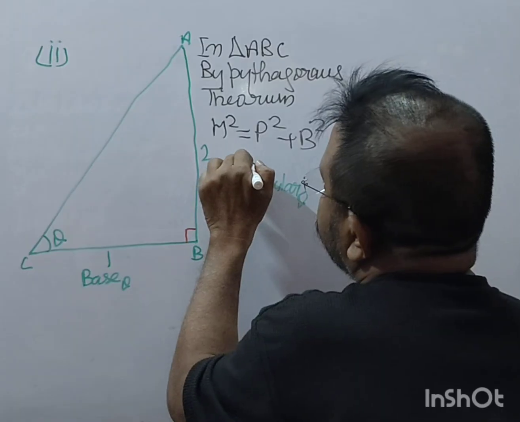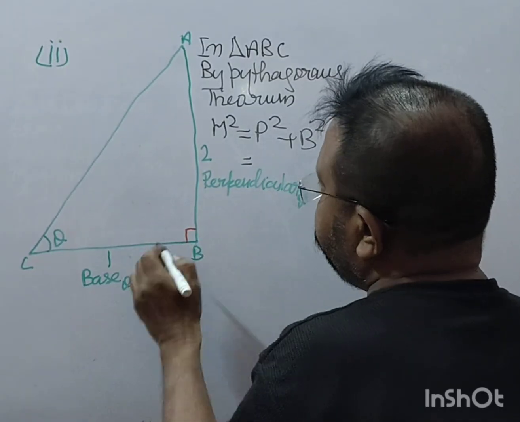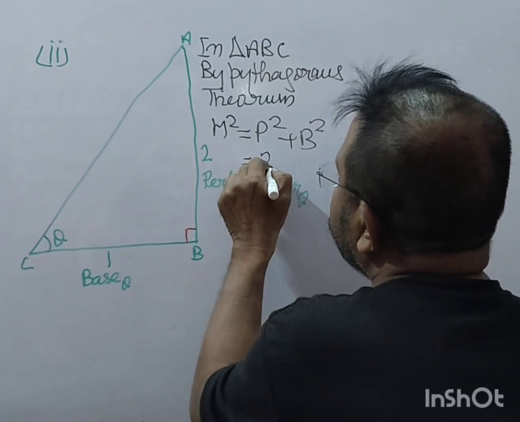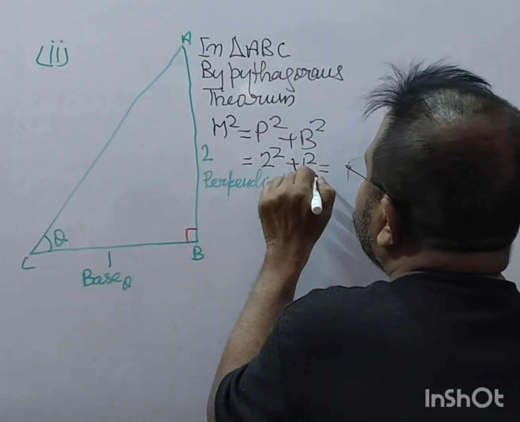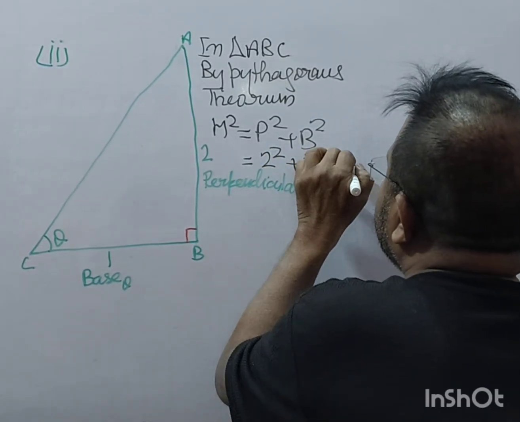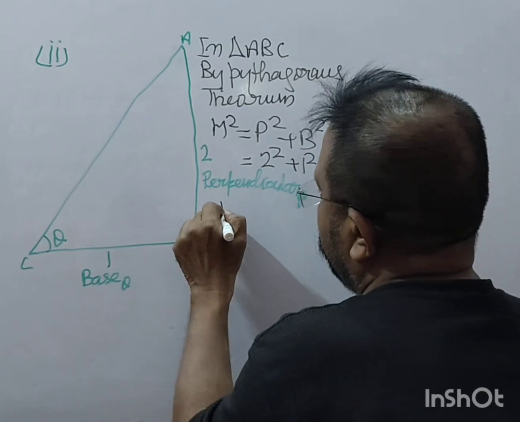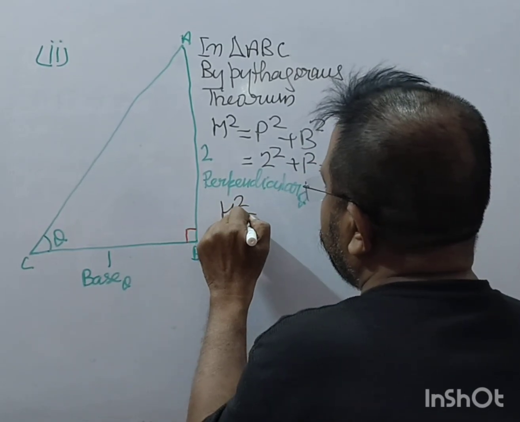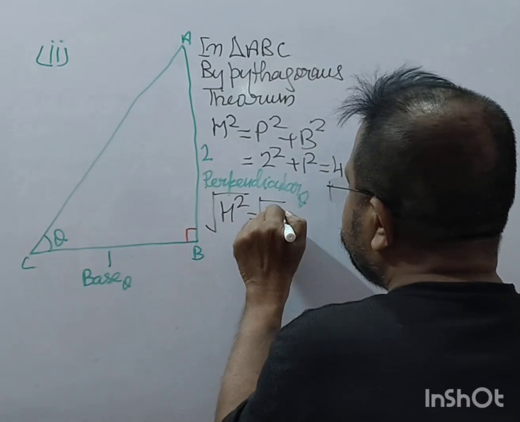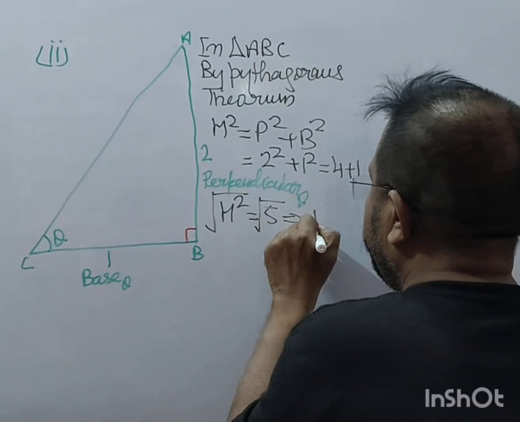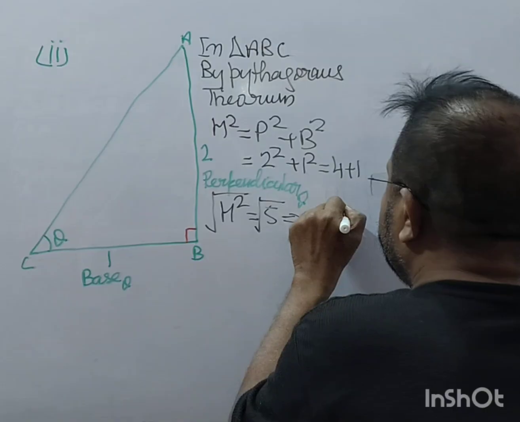So it is how much? Perpendicular is 2 square plus 1 square becomes 4 plus 1. So hypotenuse square is equal to 5. So root over 5. So it becomes h is equal to root 5.